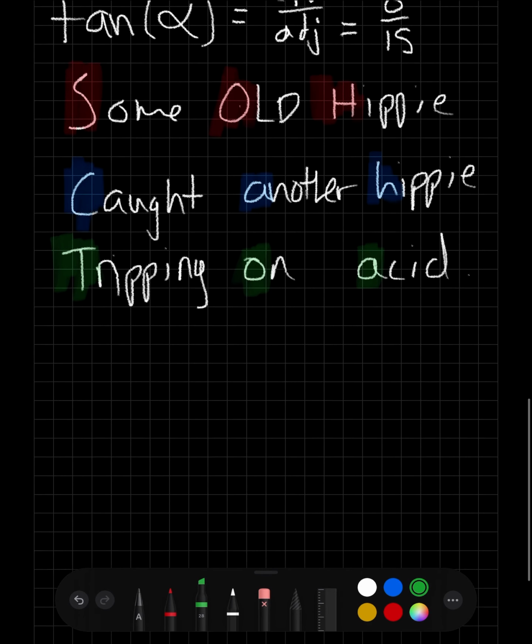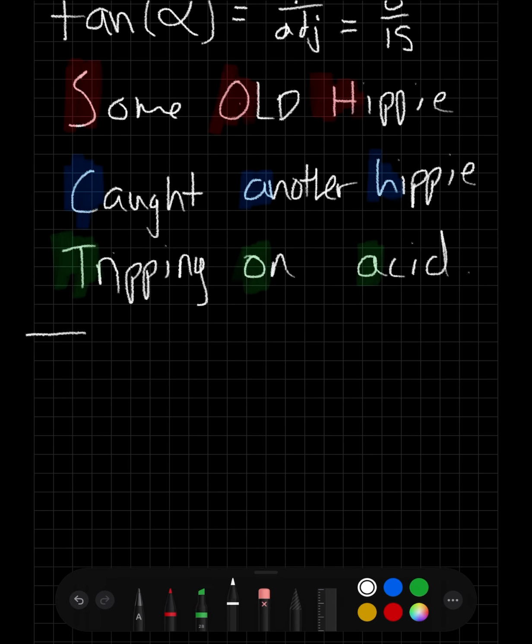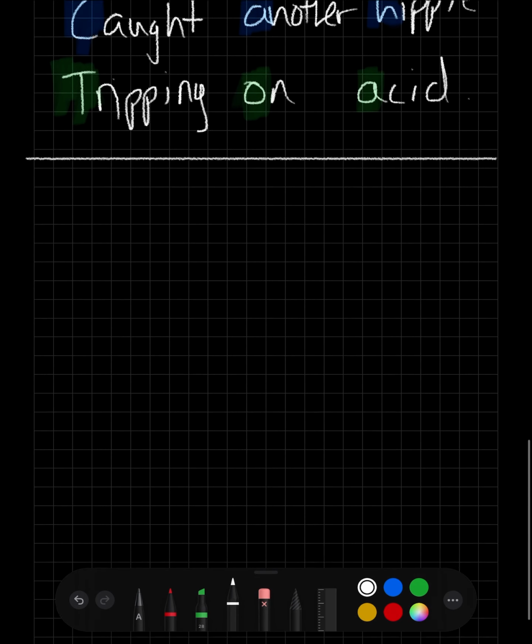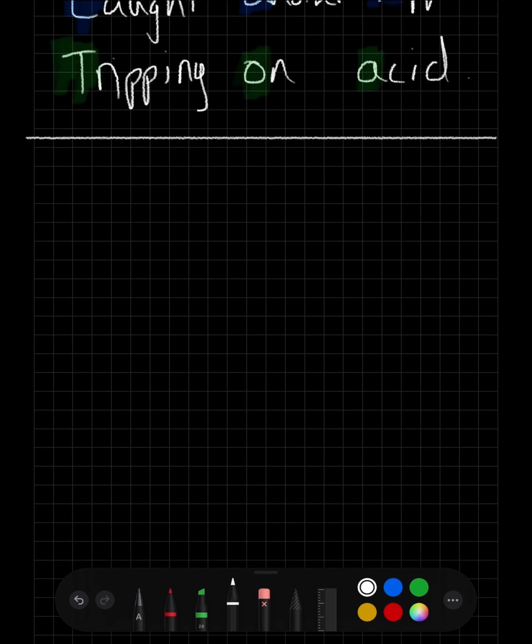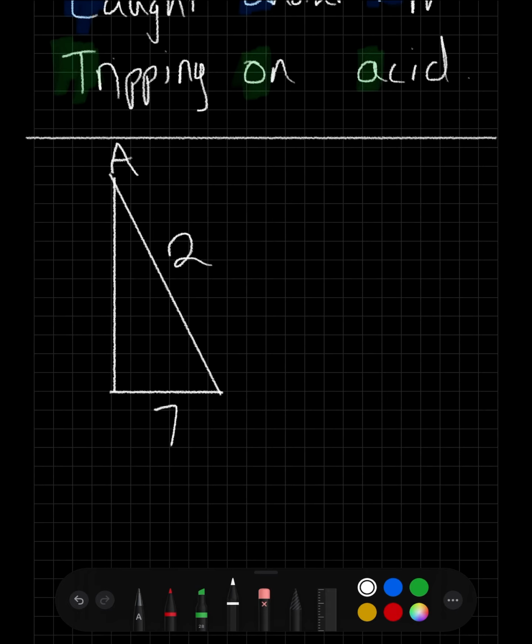We can actually do a lot. This is really powerful stuff. We can do a lot of really cool stuff with this. Like, we found some sines and cosines, but we can actually find a lot more information about triangles using all the stuff we know about triangles. Let's suppose I have a right triangle like this. And we're going to say this angle here is angle A. The opposite side to angle A is 7, and the hypotenuse is 25.